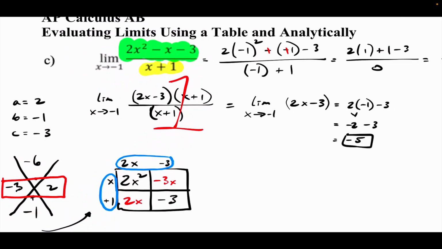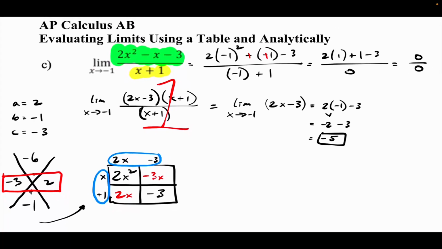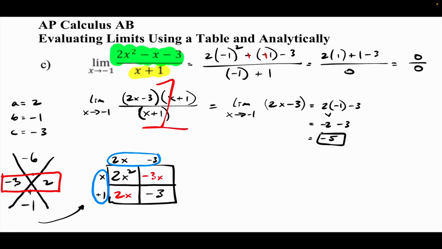So the limit is negative 5. Negative 5 is a number, so I'm good. Okay. That's one example of what to do when we get 0 over 0.